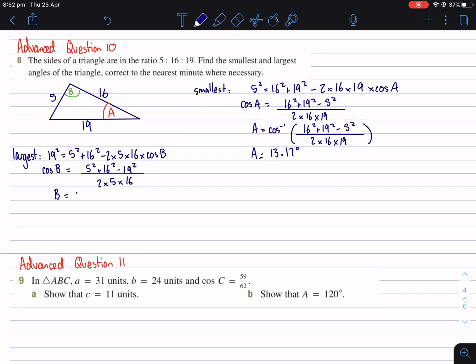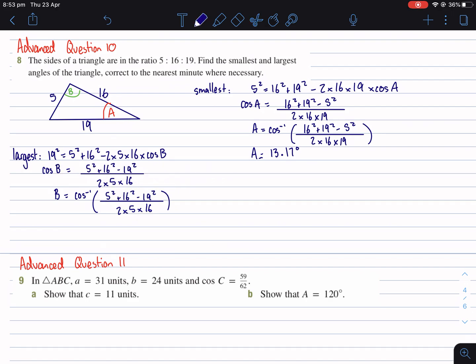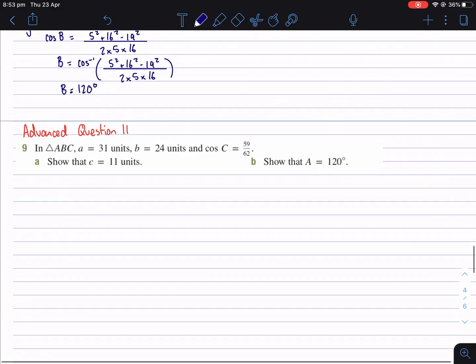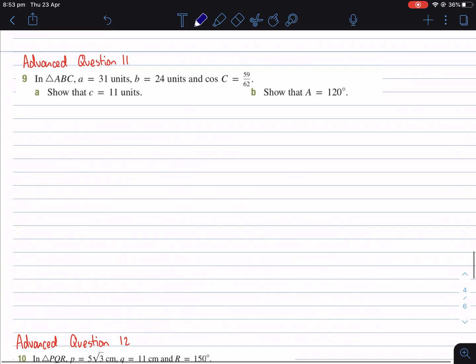So B is the arc cos of this. Which means B equals 120 degrees. Huh. That might have been the only case where it would have been easier to literally figure out 5 squared plus 16 squared, take 19 squared over 2 times 5 times 16, because it would have been negative a half.